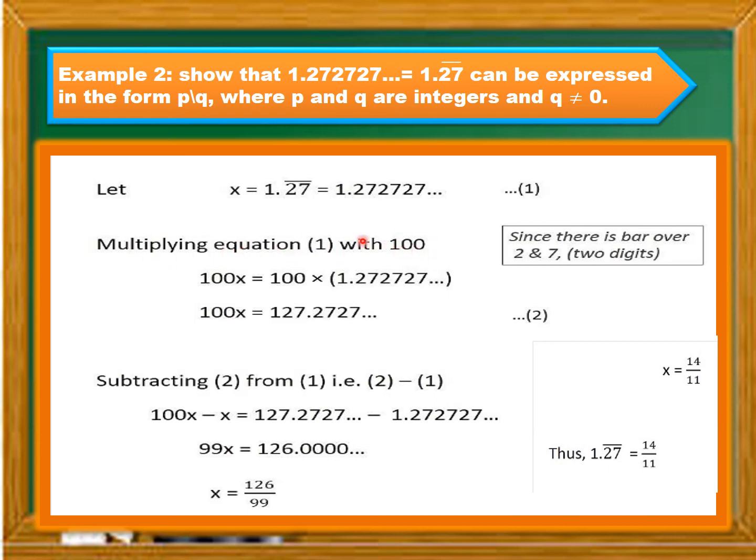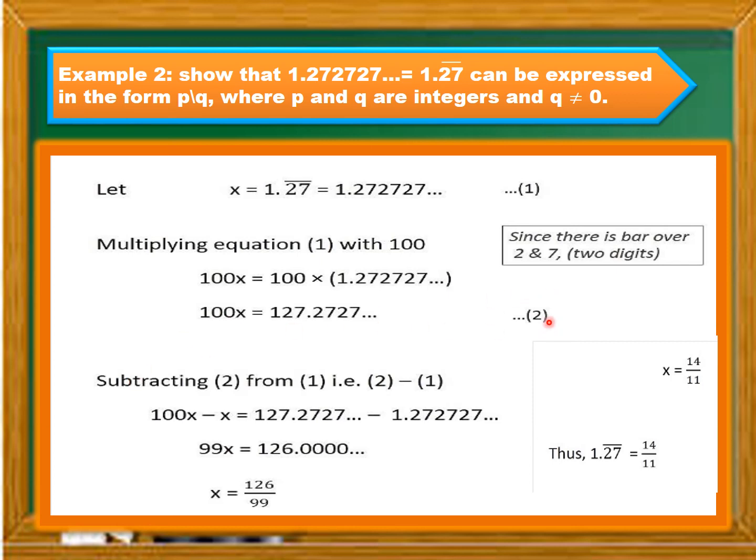Multiplying equation 1 with 100, we get 100x, and 100 into 1.272727, the decimal point will move two places, as it is multiplied with 100 and 100 has 2 zeros. So it will skip two numbers and the answer will be 100x is equal to 127.2727 dot dot dot. Mark this as the second equation.